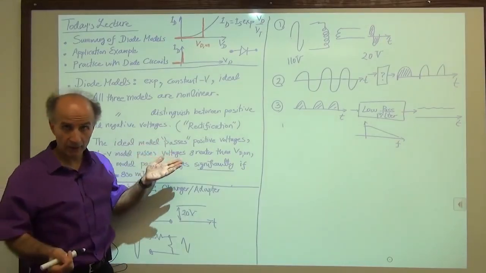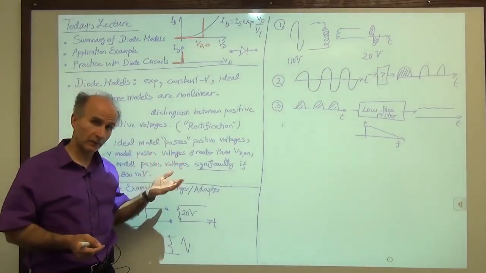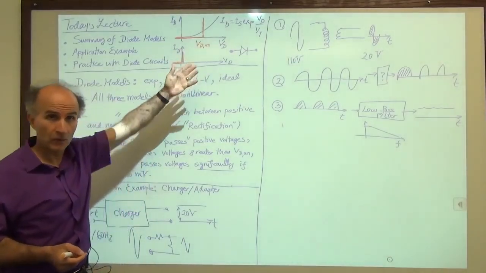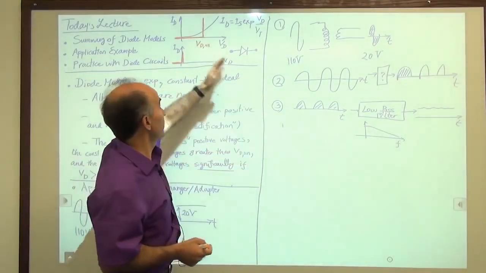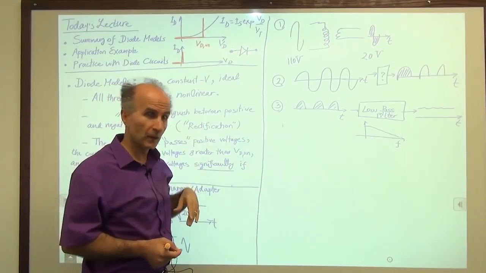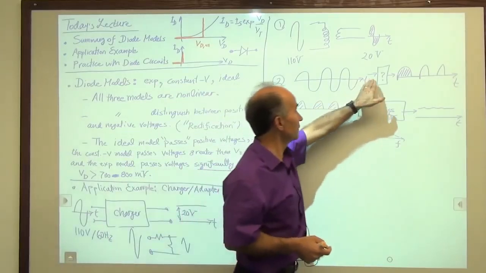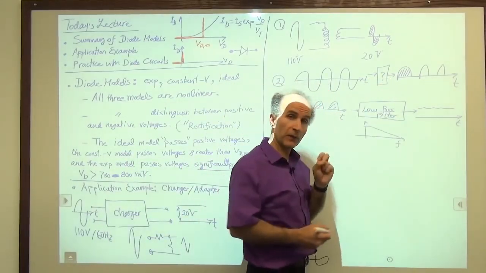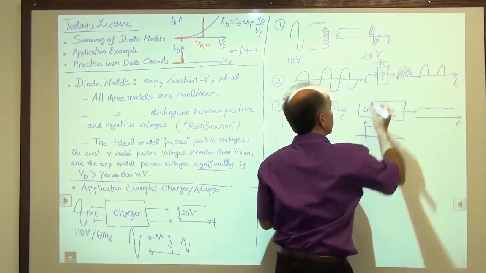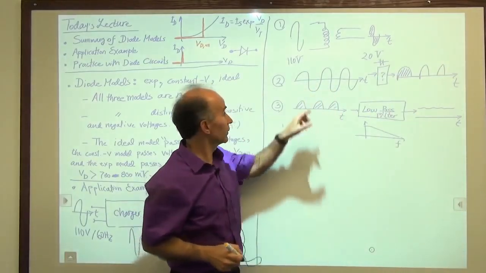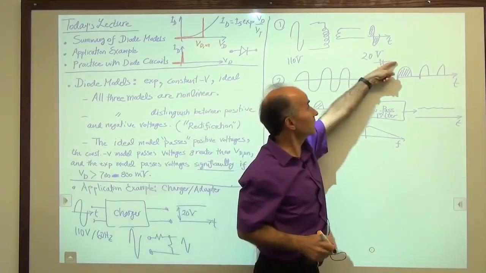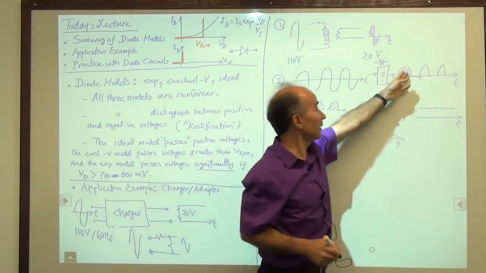We don't have an ideal diode in practice, but we can approximate it by a real diode, maybe with a constant voltage model. So if the voltage is positive enough, it passes through. If it's negative, it doesn't pass through. So as we go from here to here, conceptually what we're thinking is we need a diode in the circuit so that when the voltage becomes positive, it passes through the diode and we get it at the output.